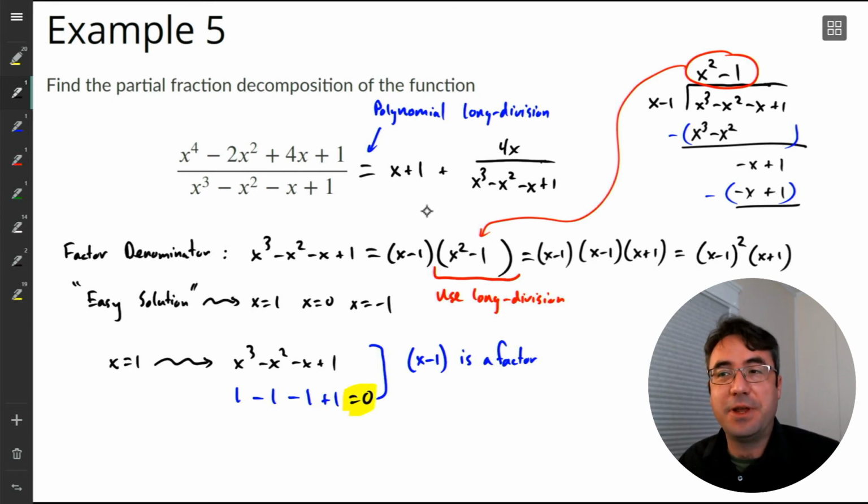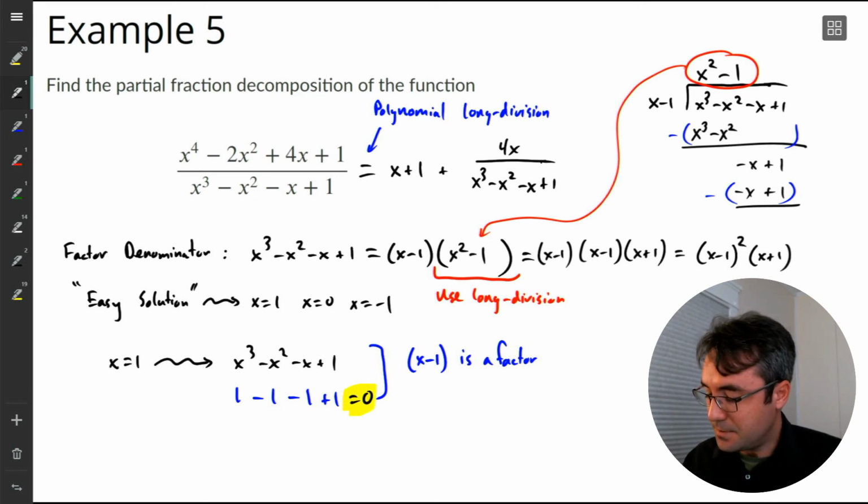We had to do a little bit of work. So we looked for an easy solution. It was kind of a desperate attempt, and it worked out okay. We had to use long division to find out what the remaining piece is, and we were finally able to get this thing factored. So now let's go and do the partial fractions.